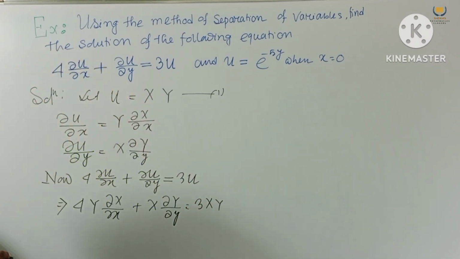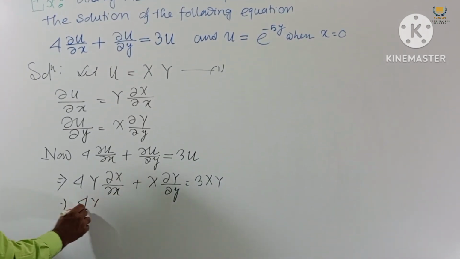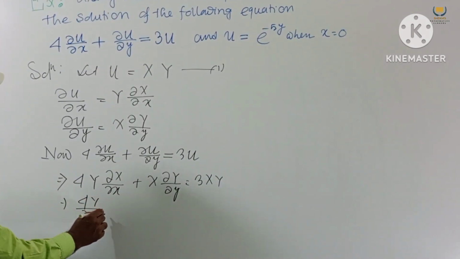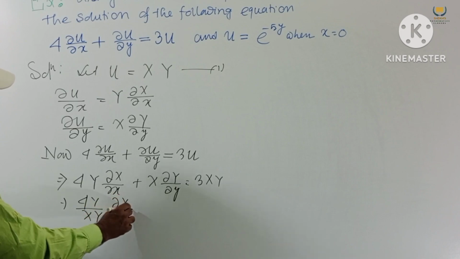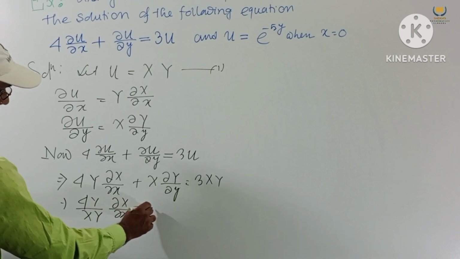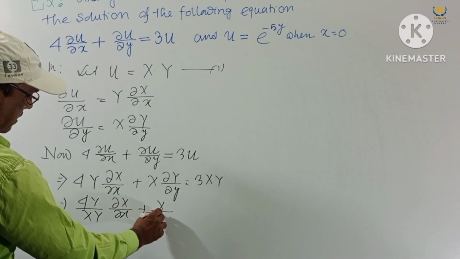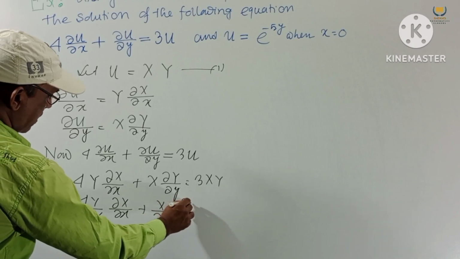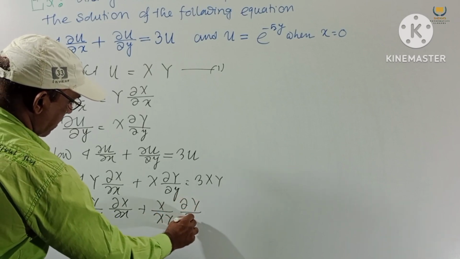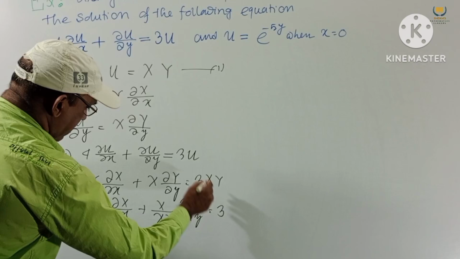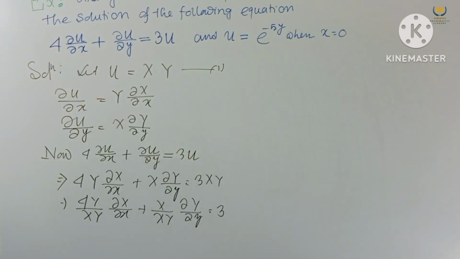Now we divide both sides by XY. We get 4Y/XY ∂X/∂x + X/XY ∂Y/∂y = 3.